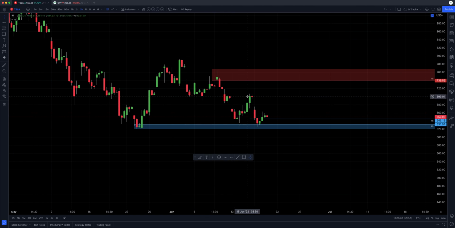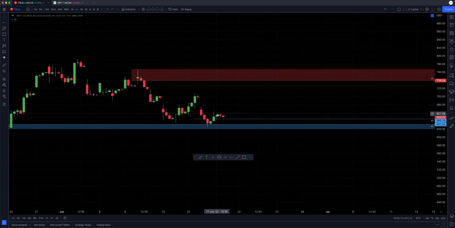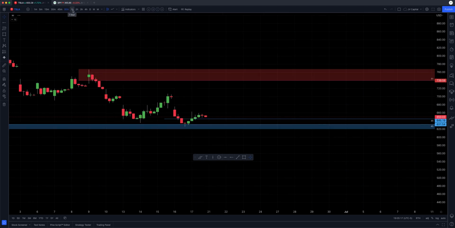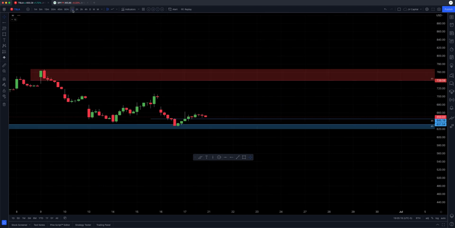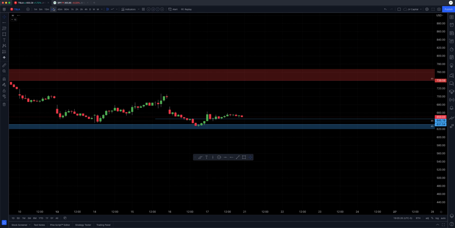I don't see anything here. This looks like it could be one, but since this candle here is red, I'm going to ignore it. 2-hour. Everything looks the same. A 90-minute. 1-hour. 45-minute. And a 30-minute. You can do a 15-minute if you want.